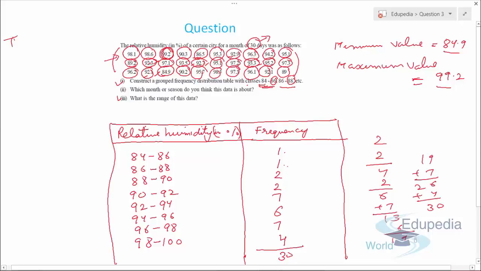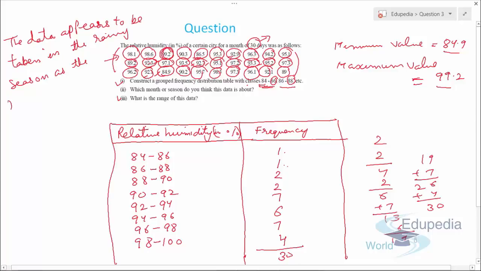So this means the data, we can write, appears to be taken in the rainy season as the relative humidity is high. So this is the second answer, it means it's a rainy season, we can see, because the relative humidity is very high.